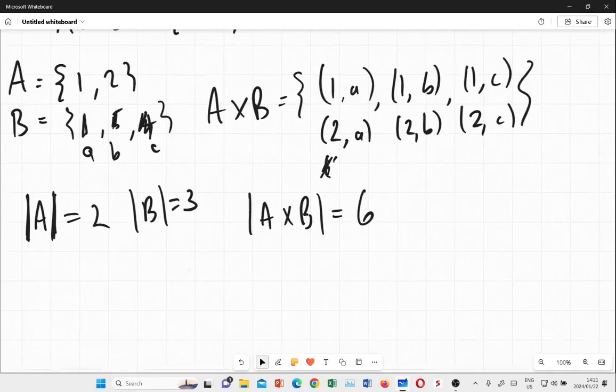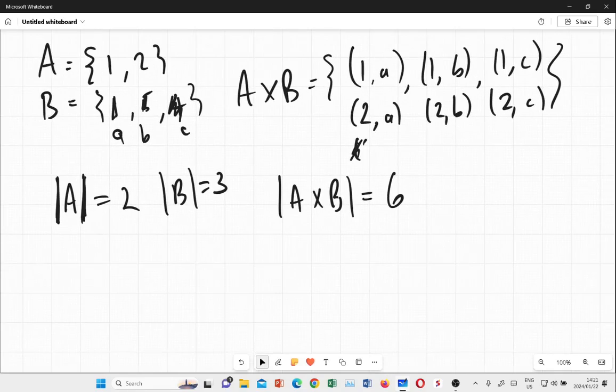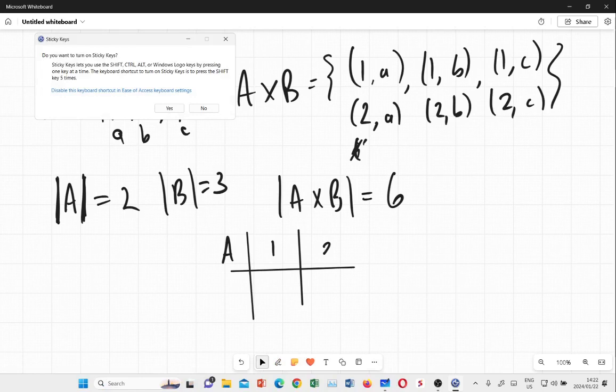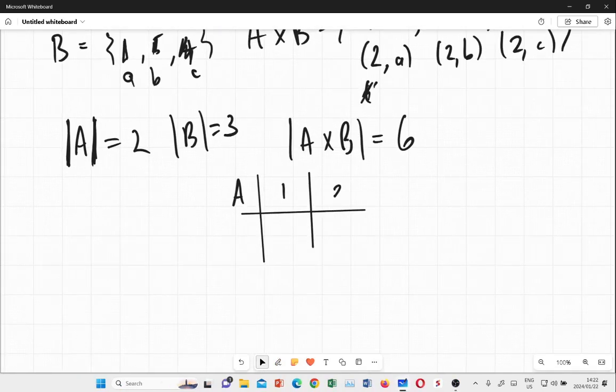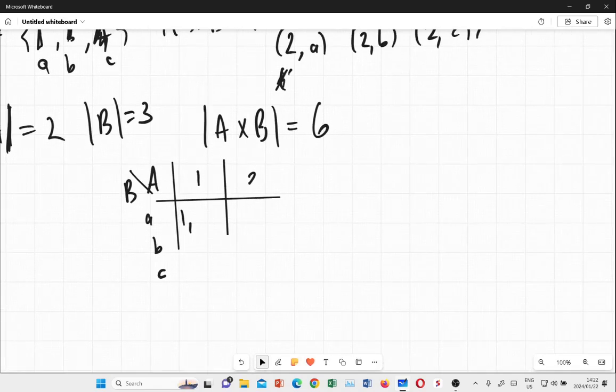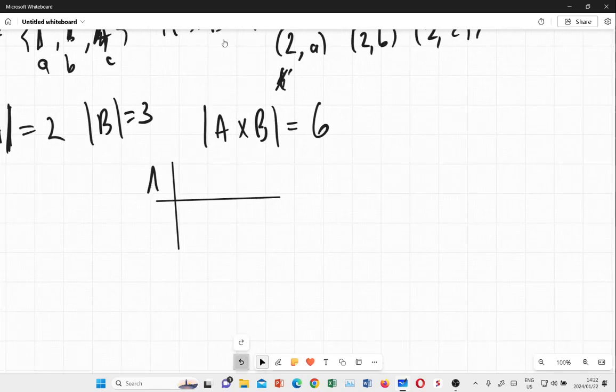Notice that there's a systematic way in which you can do that, and that is you can list out all the elements of A, 1, 2, and you can also list all the elements of B as A, B, C on the vertical column and the horizontal row. Actually it was even better to do it the other way around.